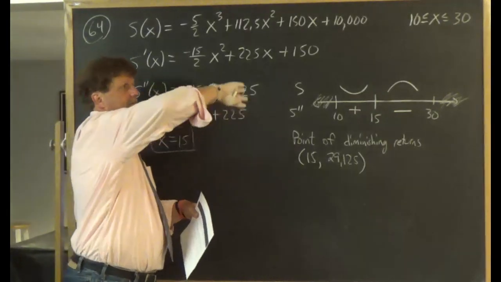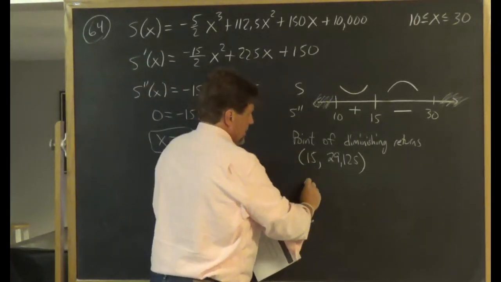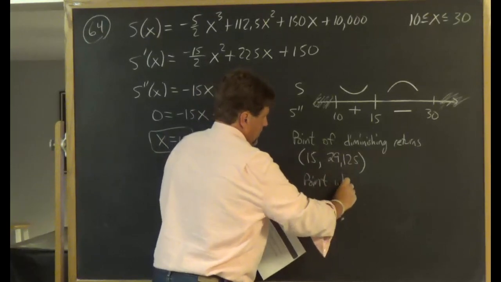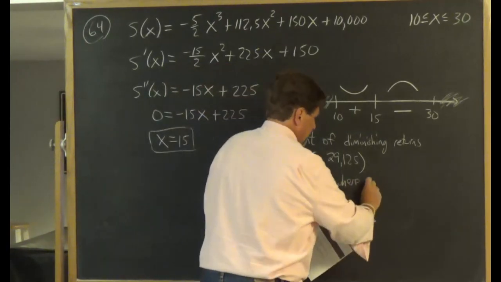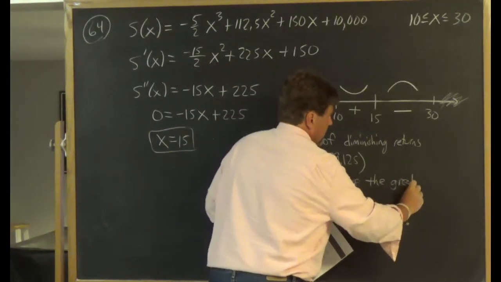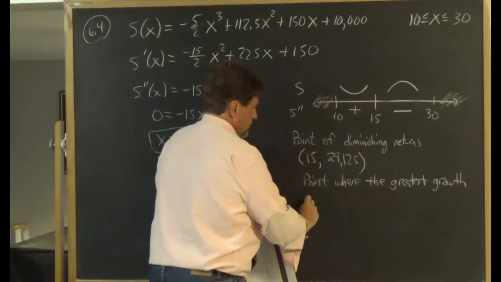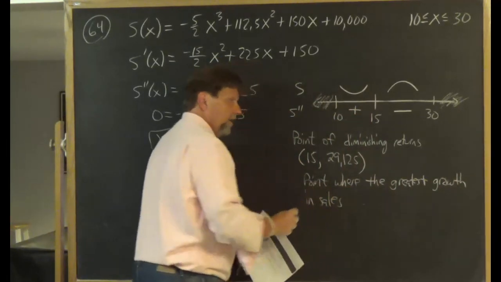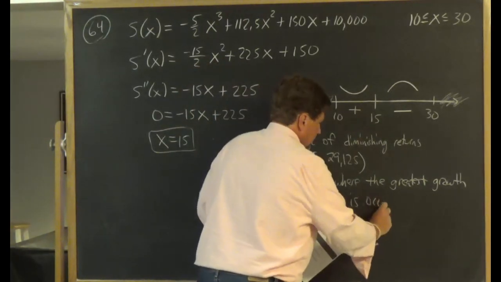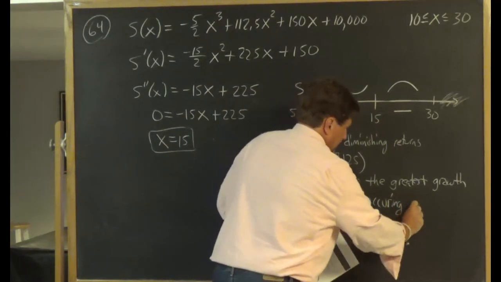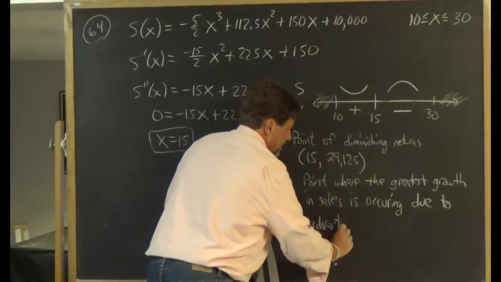So it's telling us, and you should have read this, that for this problem it's the point where the greatest growth, and I think that was a sales function, the greatest growth in sales, is occurring due to advertising. I believe x was representing advertising dollars.